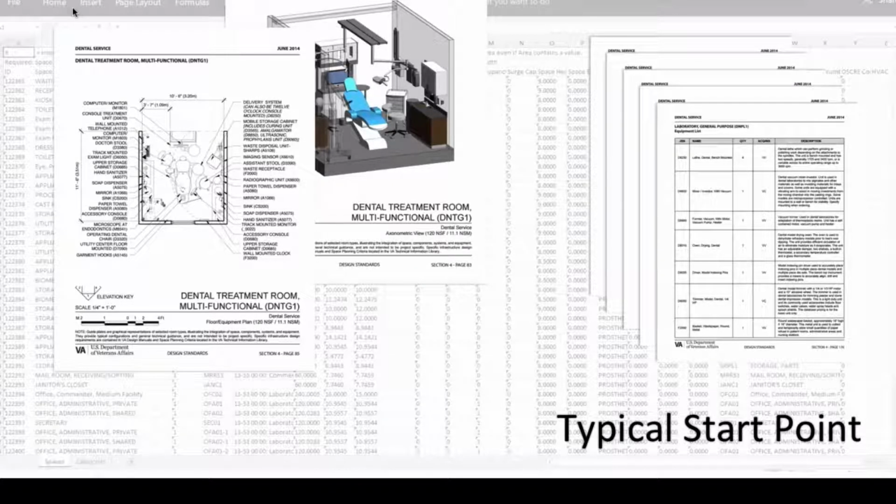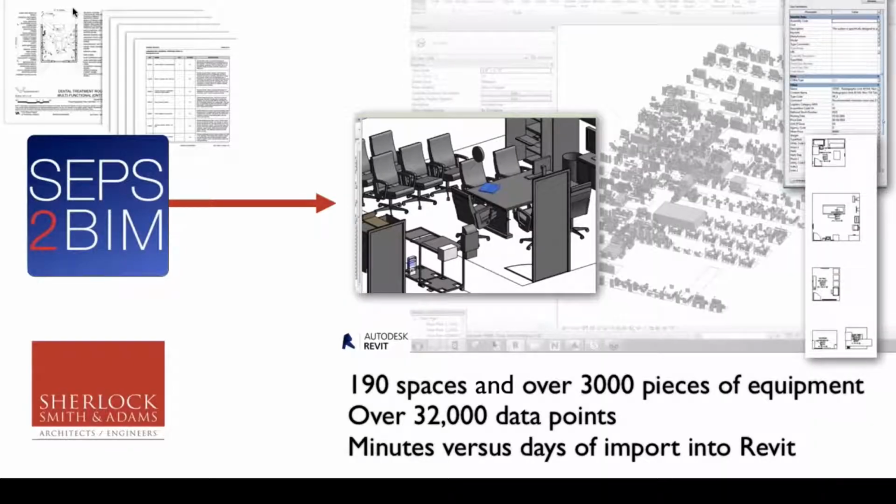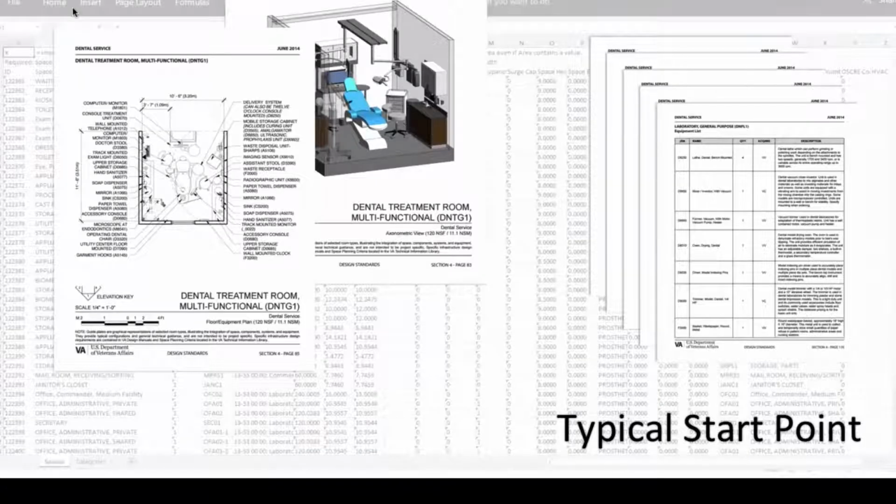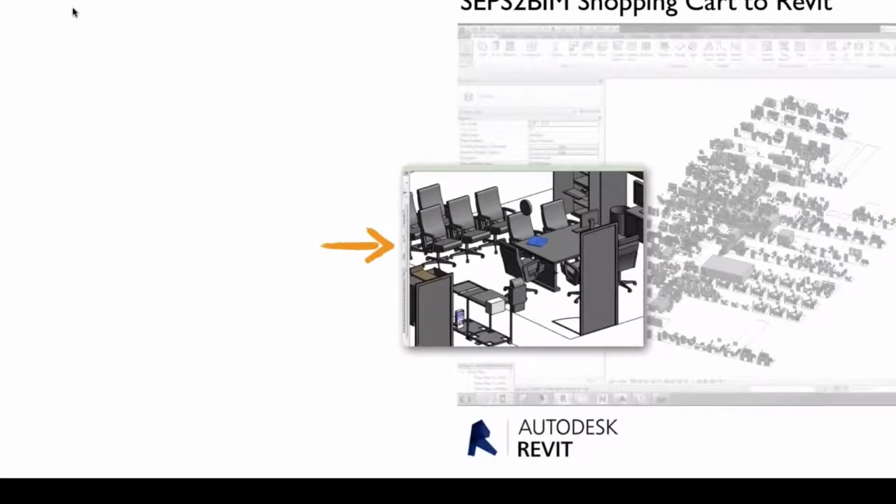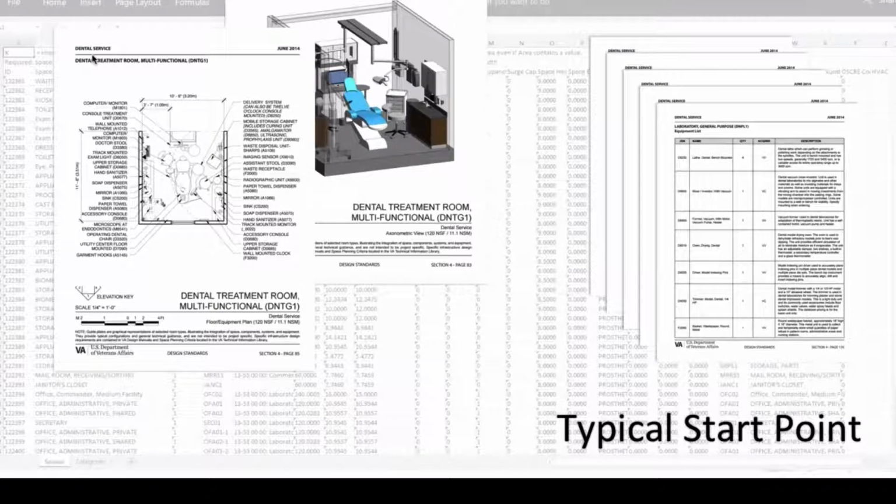Because the attributes are coming through as you're doing the design. So the contrast is doing this automatically over lunch, or reading through tens of thousands of data points and manually collecting the objects and placing them in the model, versus automating that part of the process and spending more time on value-added effort.